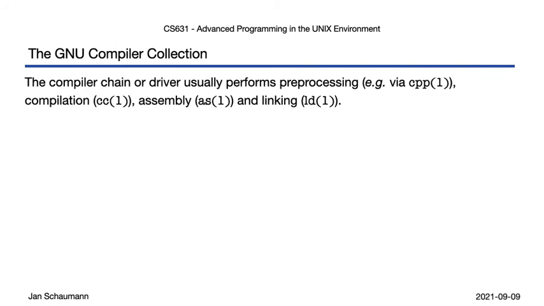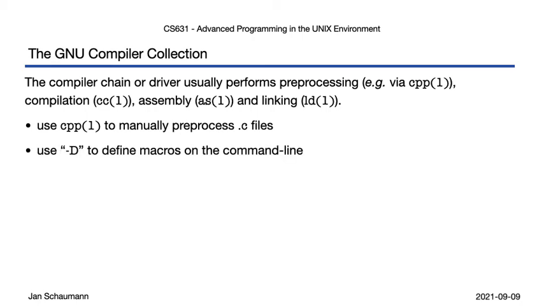Okay, so we observed the first stage of the compilation process, preprocessing via CPP. We can manually invoke the preprocessor ourselves if we like. It will produce C source code without any preprocessor directives, suitable to be compiled and by convention written to a file ending in .i. We saw that we can define macros or values using the -D flag, both to the preprocessor or to the compiler driver cc.